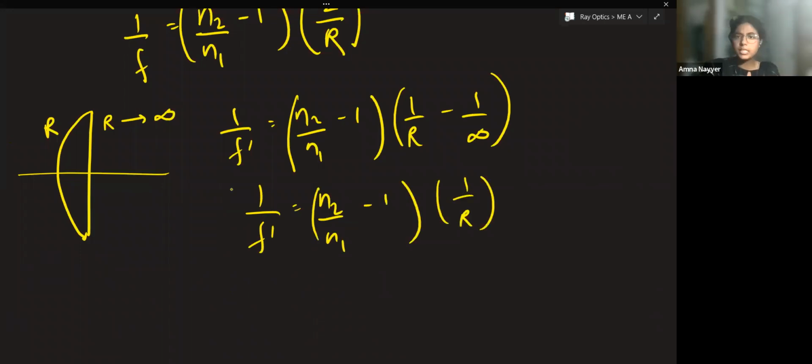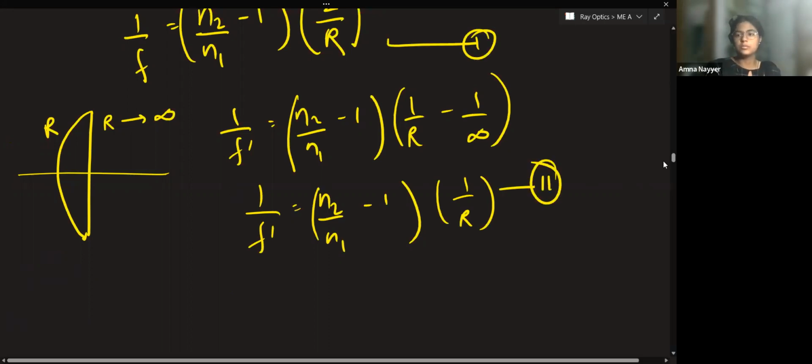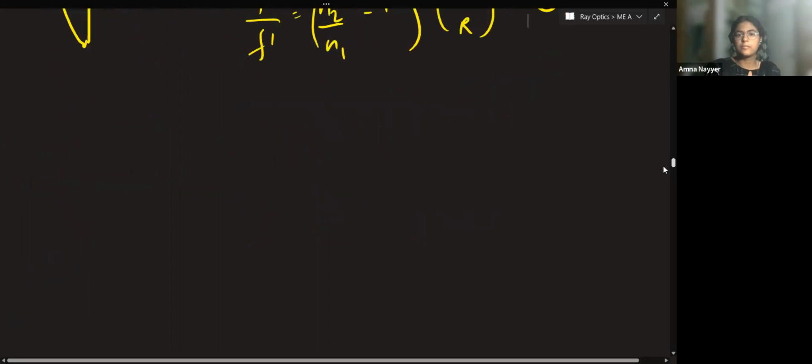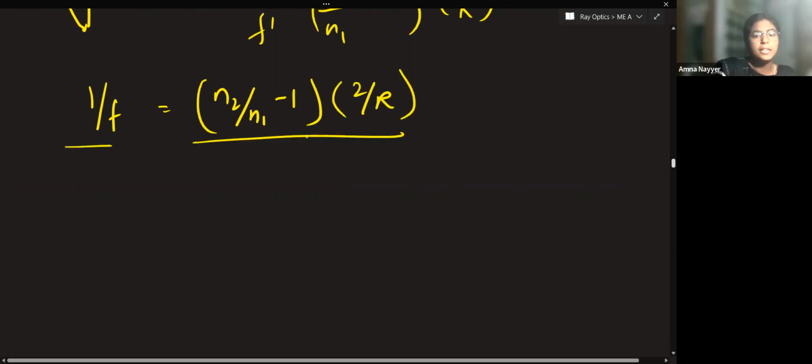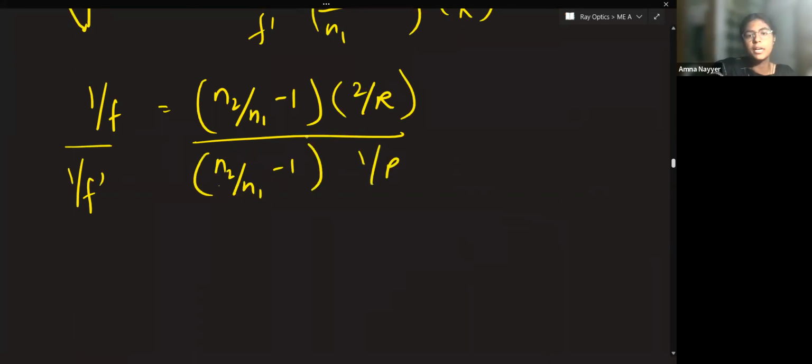Now use equation 1 and equation 2. 1 by f is equal to (n2 by n1 minus 1) times 2 by r. And 1 by f prime is (n2 by n1 minus 1) times 1 by r.